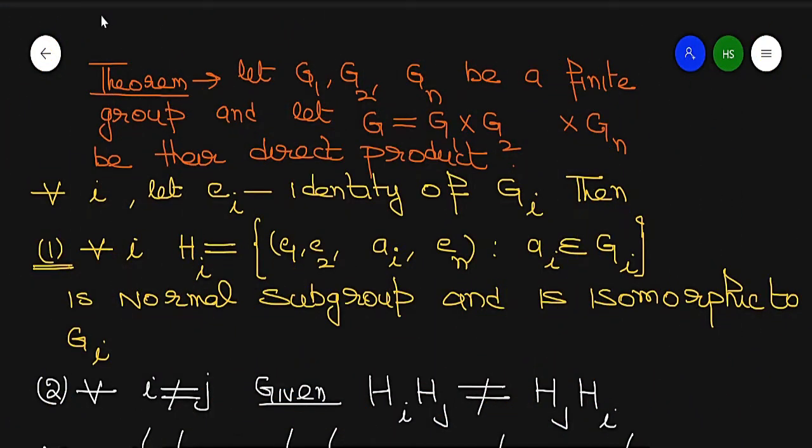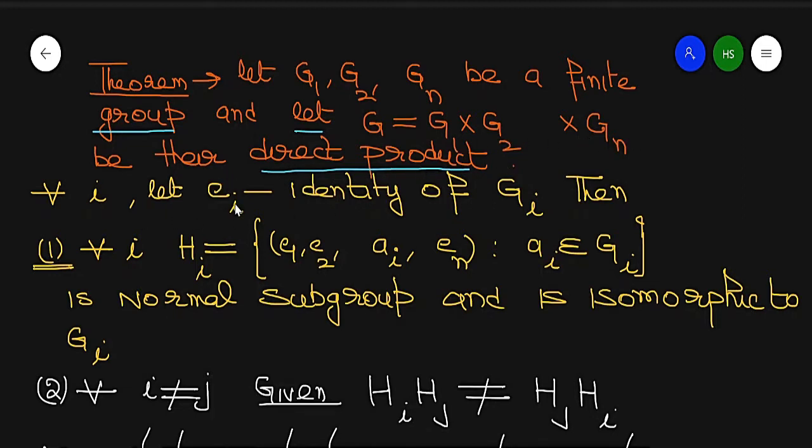Now the next theorem is related to the internal direct product. So first understand the definitions. Statement: let G1, G2 up to Gn be finite groups and let this be a direct product. This is the Cartesian or external direct product.